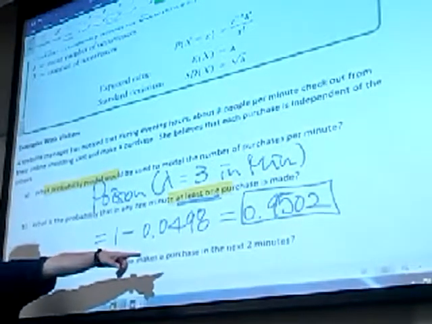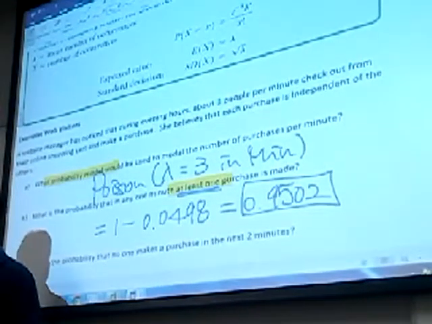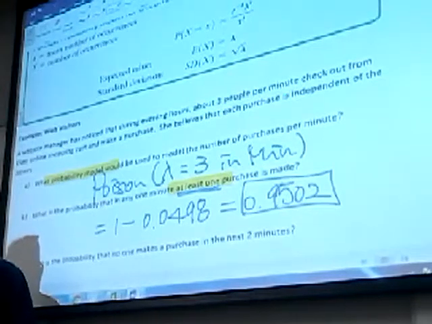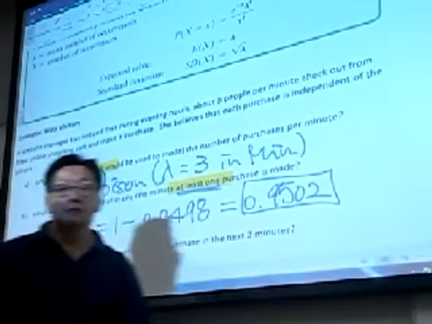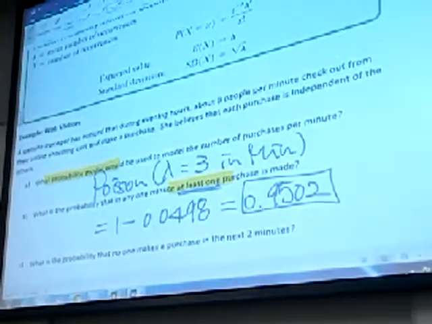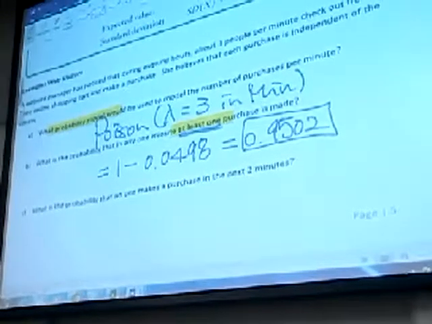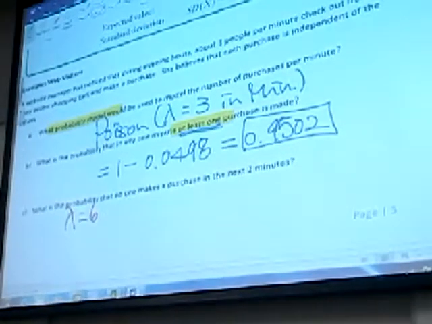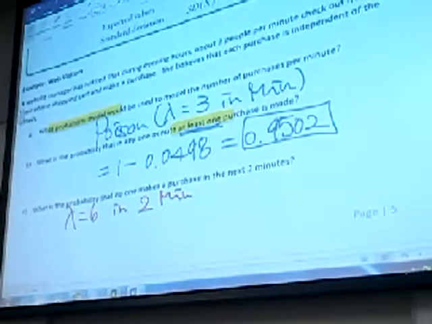How many customers do you expect in 2 minutes? 6. The lambda will be 6. We have to take another rate, another lambda, the new lambda: 6 in 2 minutes.